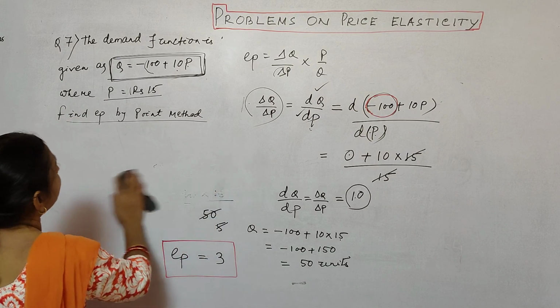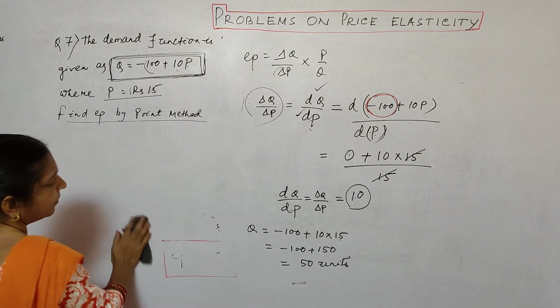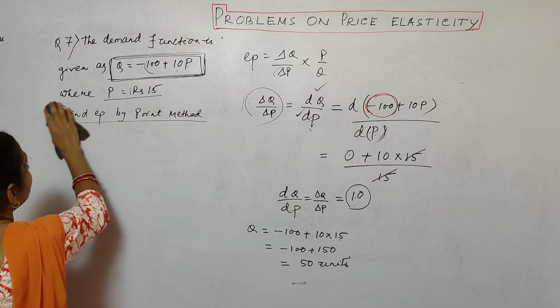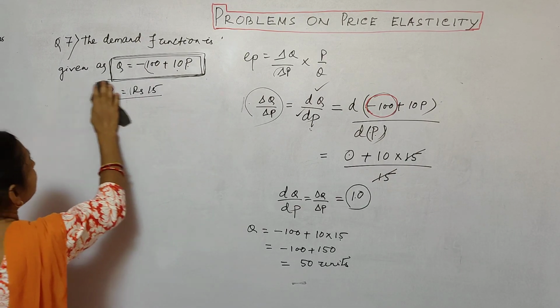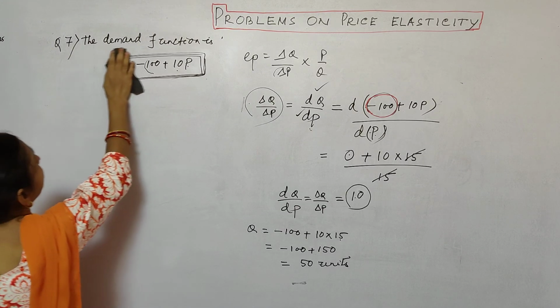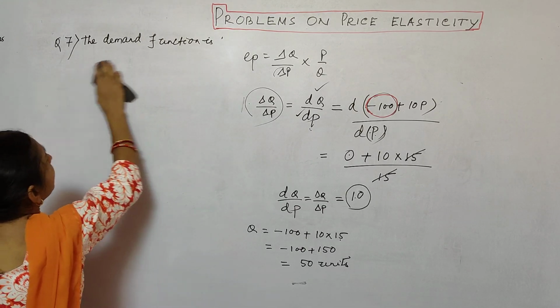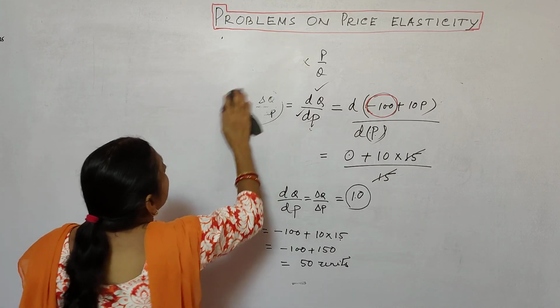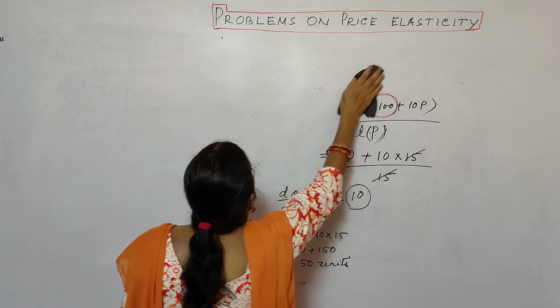This question was from point method. Another question we have solved in total expenditure method. Other questions we have solved by percentage method. This question we will solve by another method.